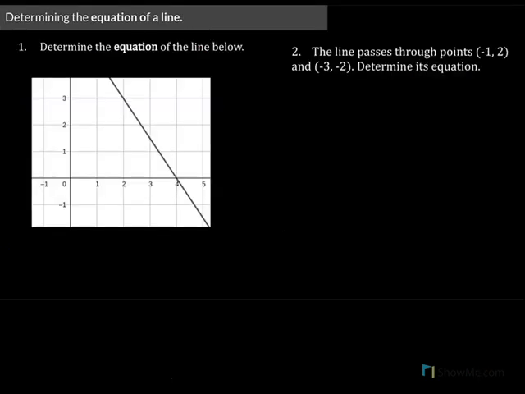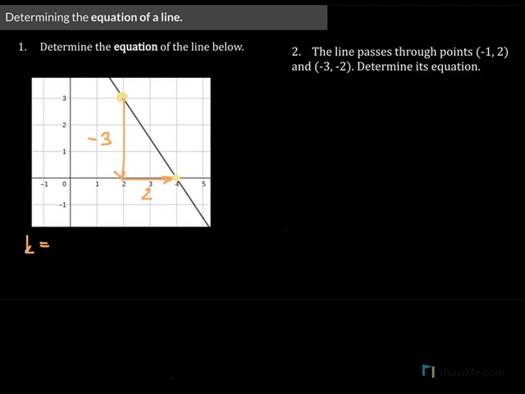In the second part of the video, we're going to determine the equation of the line if we're given either the graph or 2 points that lie on this line. So let's start with question 1. We are given the graph. We have already done calculating the slope, so that should go quickly. I will find 2 points that lie on the line, and my change in y is, well, I go down if I go from left to right, so negative 3 over 2.